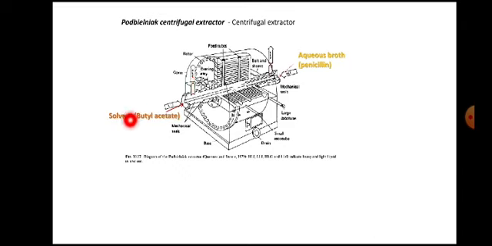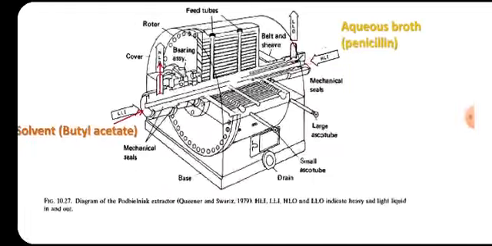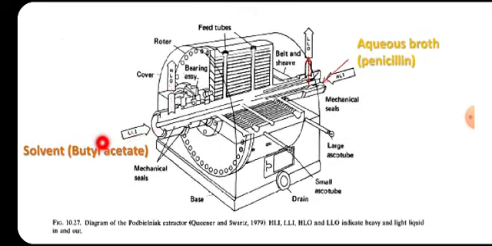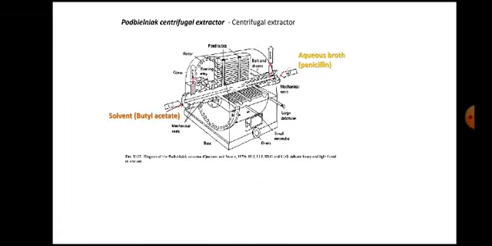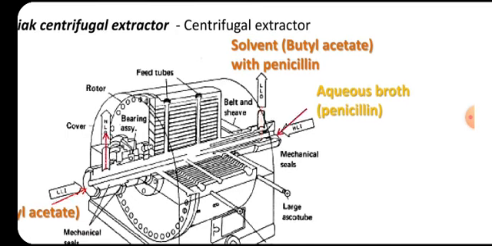and this is the end from where light liquid, that is solvent, is going to enter, that is through the periphery. So this is attached to a pipe, and that will take this solvent from here, and it will be forced to go inside by centrifugal force, and this is from where the solvent is going to come out, that is light liquid out from the center.